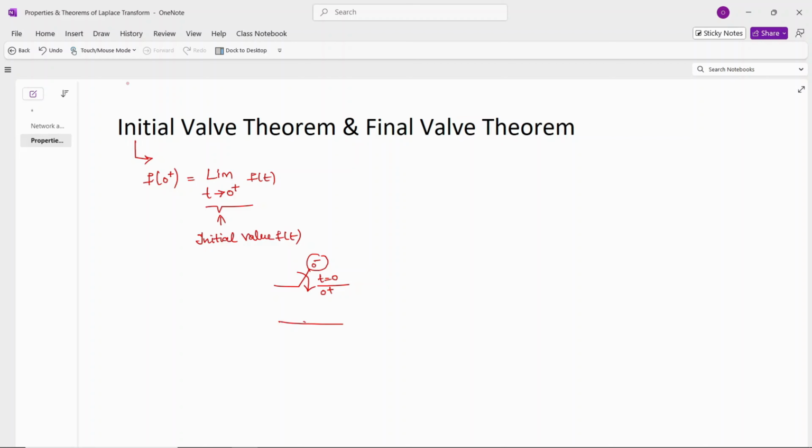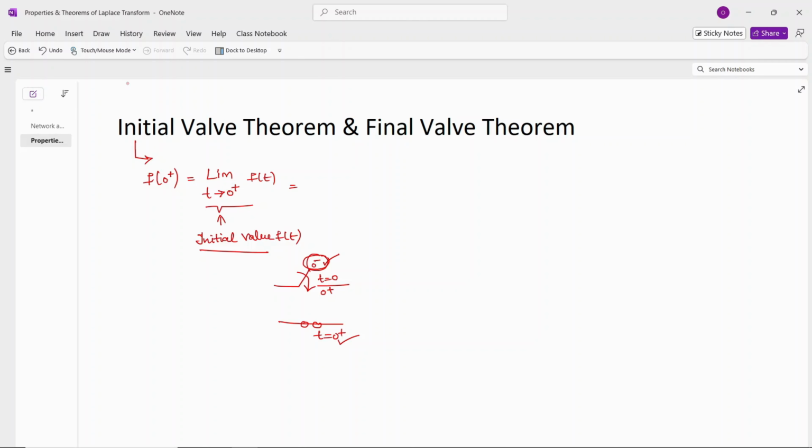At t equal to 0 plus, the switch is closed. This instant is called just before switching, and this is called just after switching. So finding the initial current before switching in the network is nothing but finding the initial value of the function f of t.